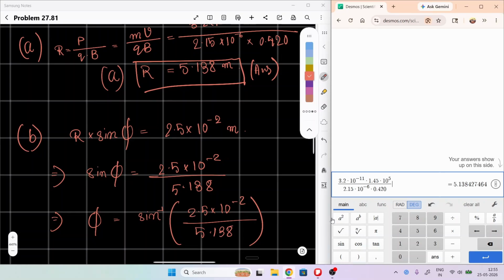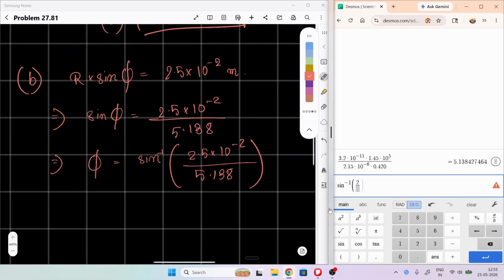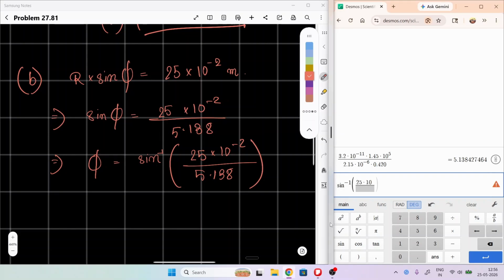If we calculate this, sine inverse of, okay, sorry, it's 25, not 2.5, 25 centimeters. 25 into 10 to the power minus 2 upon 5.138.